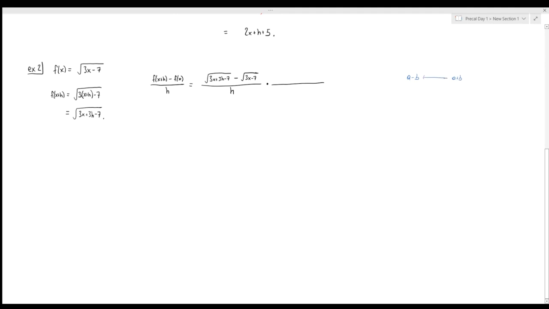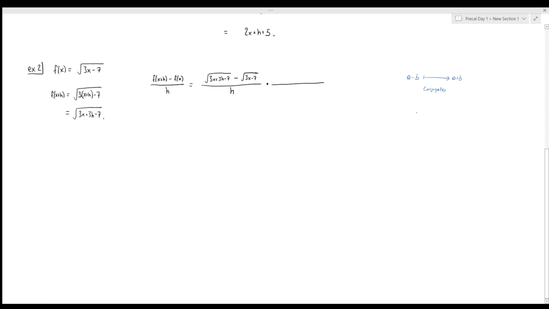These two expressions, a minus b and a plus b, are called conjugates, at least in your calculus class. So a minus b is the conjugate of a plus b, and a plus b is the conjugate of a minus b, okay?